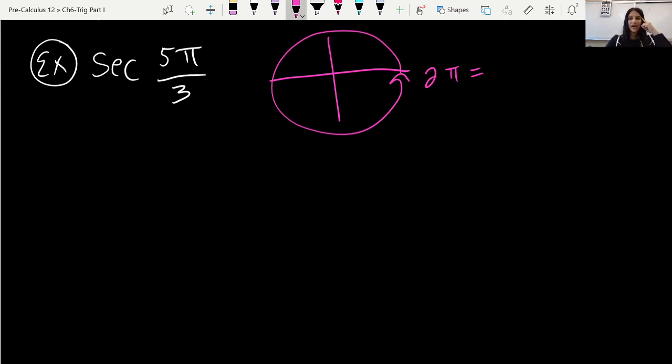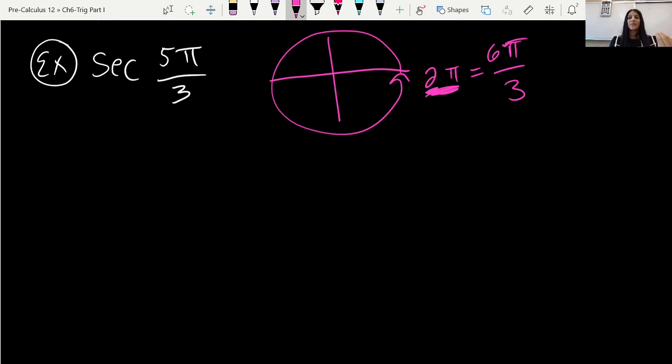So in my head, I think, what is 2 pi the same thing as a fraction over 3? So I know that I just need to multiply the 2 pi times 3, because the denominator would have been 1, so I would have multiplied by 3 to get to that. So basically, that's the same thing as 6 pi over 3. 6 pi divided by 3 is 2 pi. So that's how I'm getting this and thinking of this.